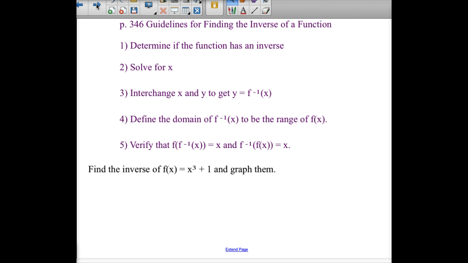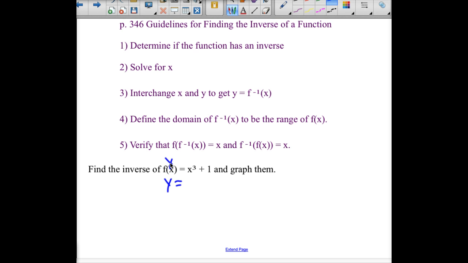So let's find the inverse of f of x equals x cubed plus 1. Okay, so to find the inverse of f of x equals x cubed plus 1, first, this is the letter y, so where it says interchange x and y, that's my y right there. So first I'm going to solve for x.